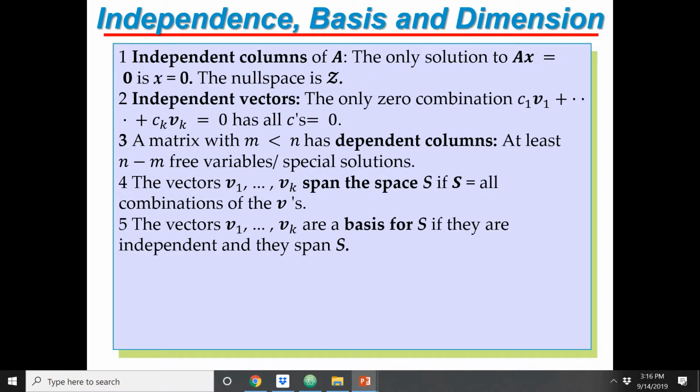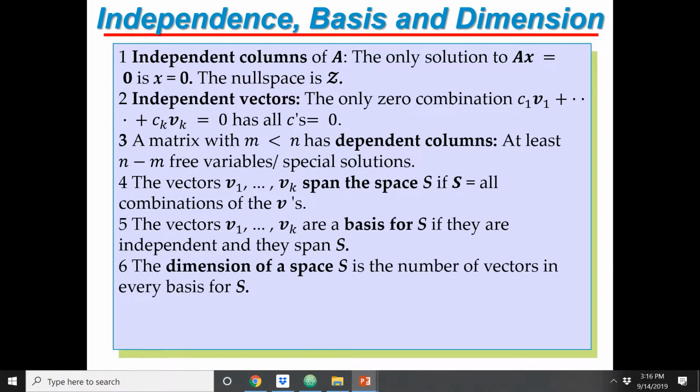Now, if you have a basis for the space S, the number of vectors in that basis is called the dimension of the space S. You can think of this as the minimum set of vectors, which obviously need to be linearly independent, that generate every other vector in the space S. So the vectors basically need to span the space, and they need to be independent to form a basis for that space.